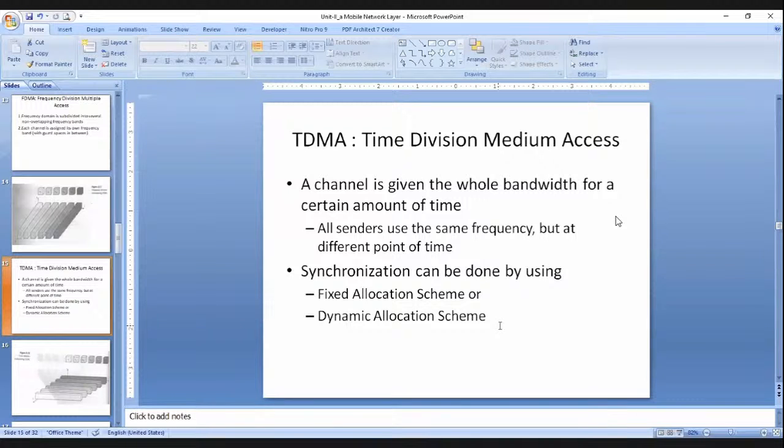How a channel will be allocated to a specific user, what channel needs to be allocated to a particular signal that has been generated, can be fixed or dynamic. So the schemes available are fixed and dynamic.